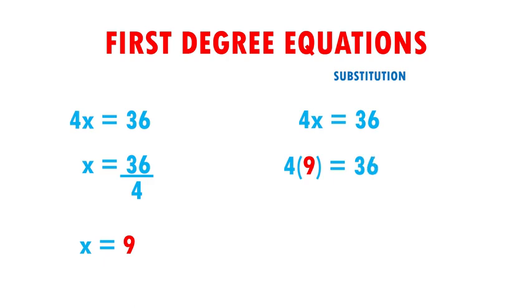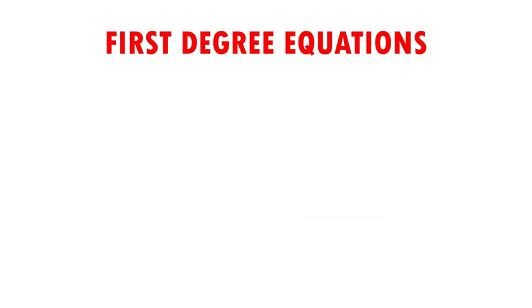When performing the 4 times 9 operation, it gives me the result of 36, and that is equal to 36. Therefore, my result is correct because both sides of the equation are the same. Very easy, right? Here I have our next example.